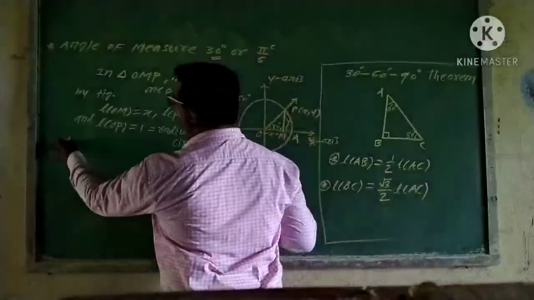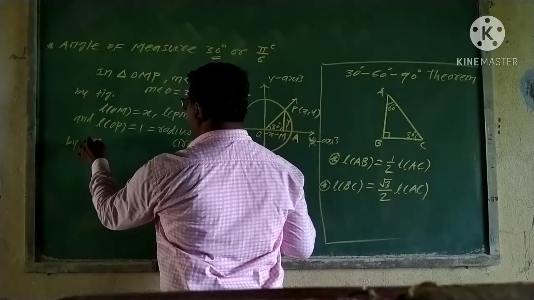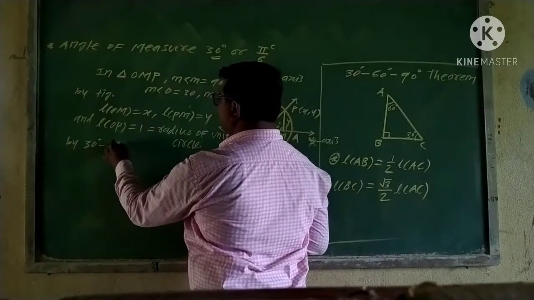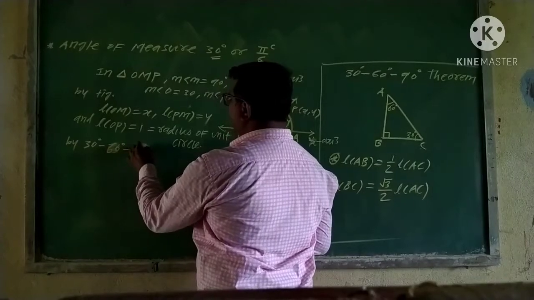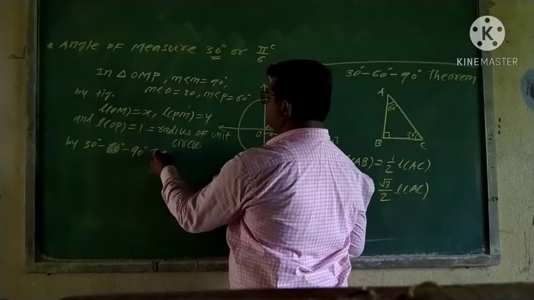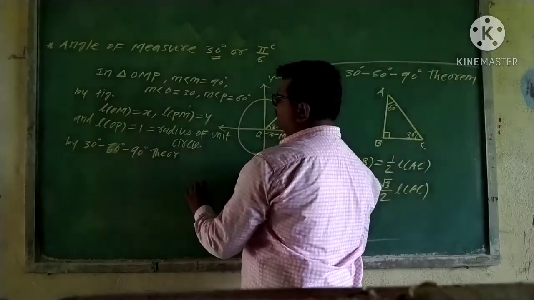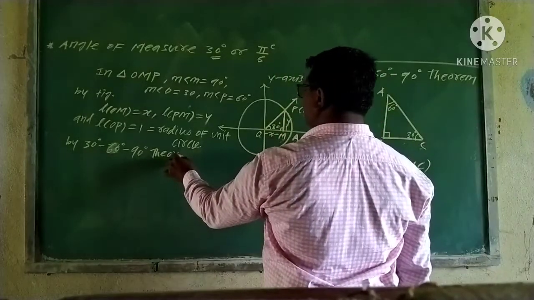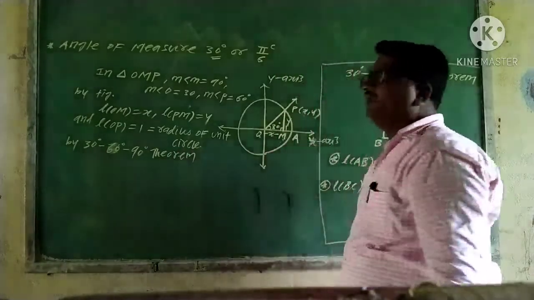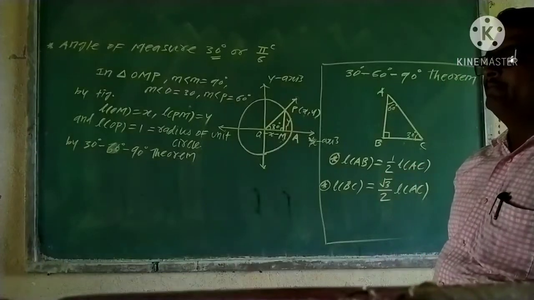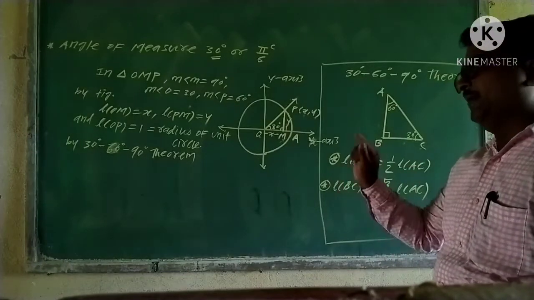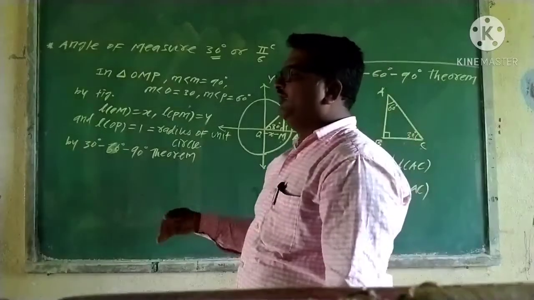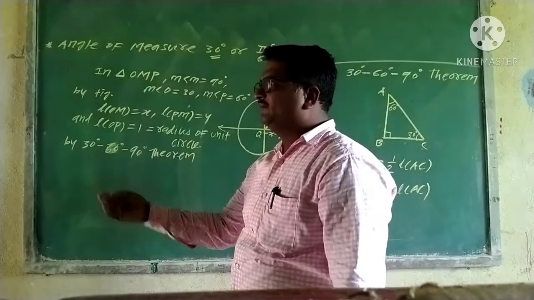So by 30-60-90 theorem, the side which is opposite to the angle of measure 30 degree.